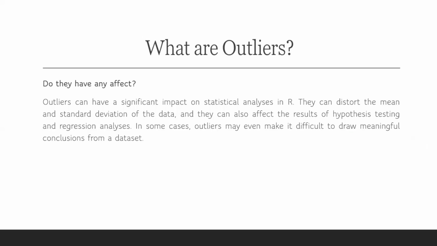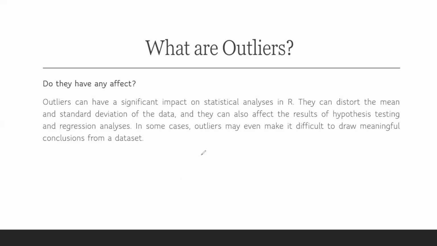So let's say you have an array or list of 1, 2, and 100. Now, if you try to find out the mean, then the mean value will be distorted because of the outlier, that is 100.